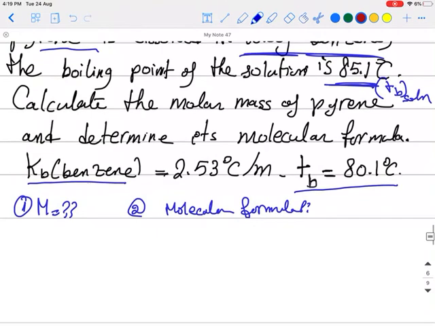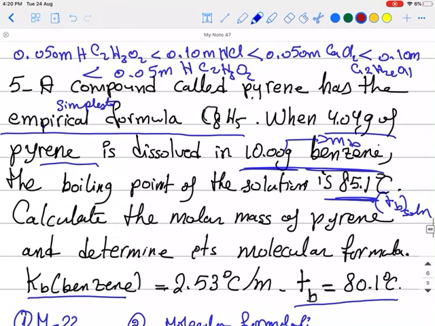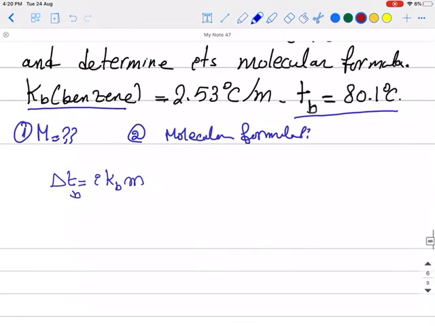Okay, let us start. Since I'm dealing with boiling, delta T boiling equals i Kb times the molality. Let me find what is missing in order to fill up. I am dealing with pyrene, C and H, non-ionic, it's a molecule. So first of all, we know that i equals 1.